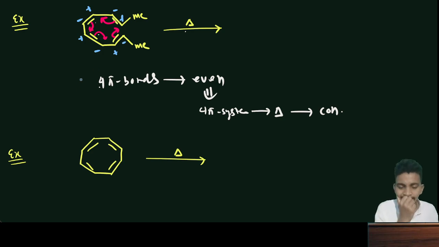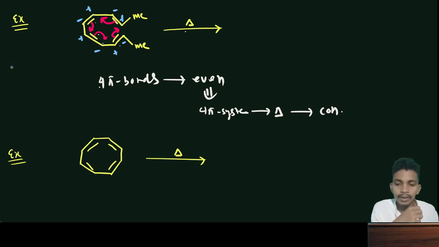So what we see here, 1 2 3 4 5. Let's say if we make bonds here, then how many rings will form? 1 2 3 4 5 6 7 8.